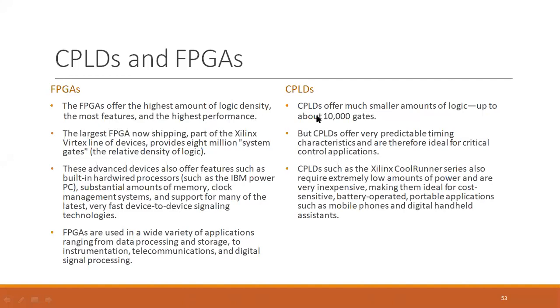Whereas the CPLDs offer a much smaller amount of logic, up to about 10,000 gates. The logic density is the number of gates you can put into the chip. In the case of FPGA, you can put a large number of gates, whereas in CPLDs you can put only up to 10,000 gates.